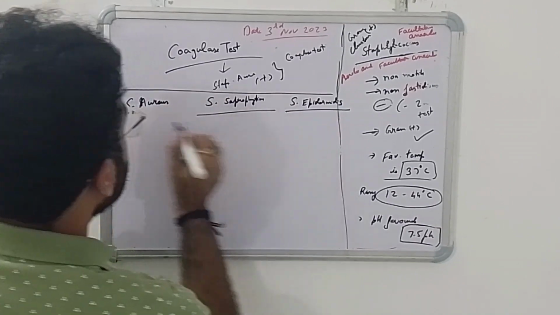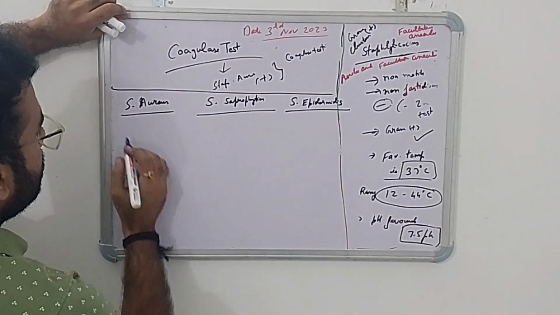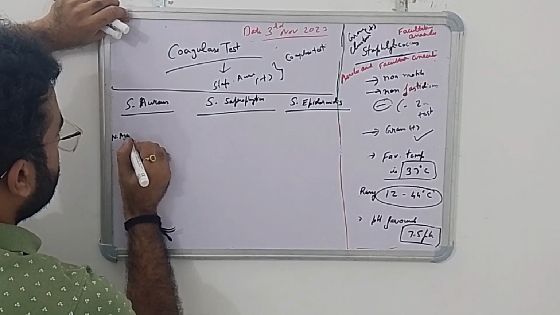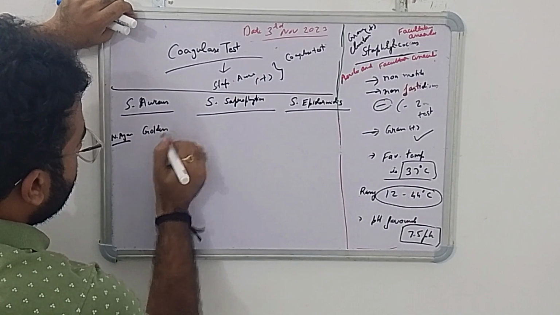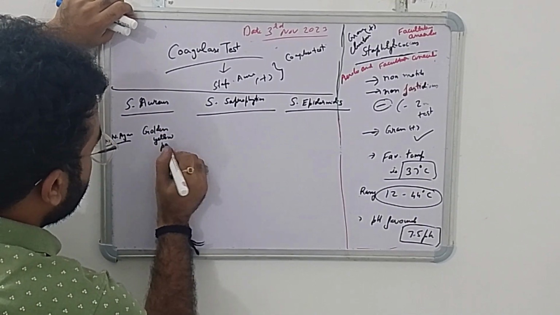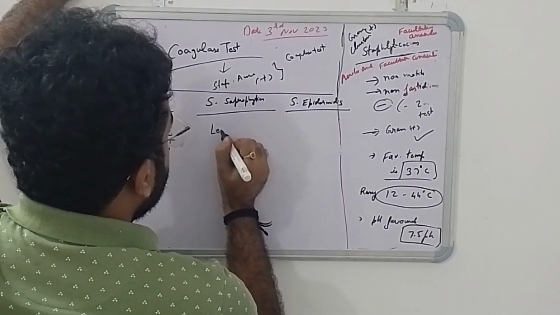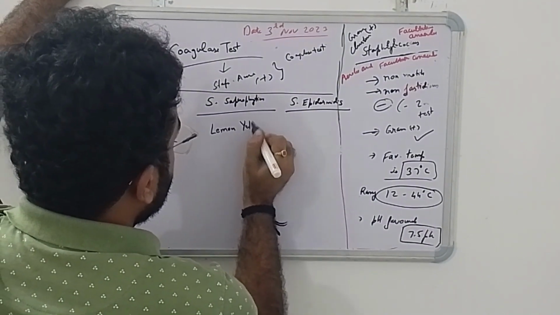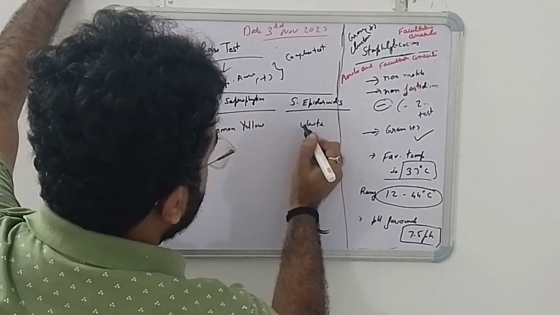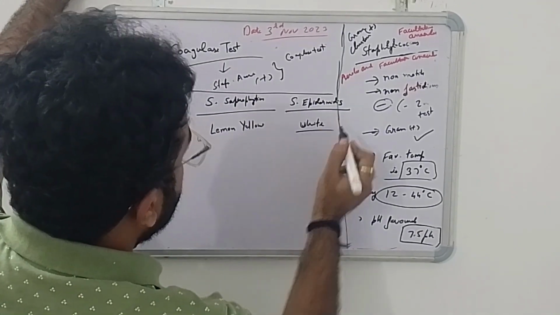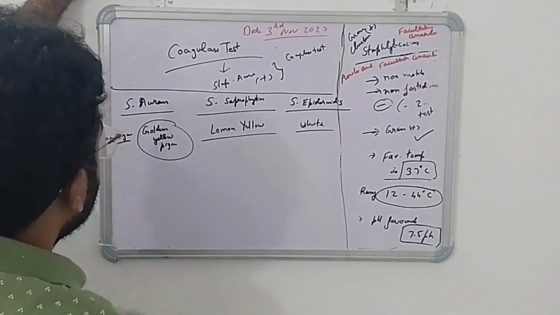On nutrient agar, S aureus shows golden yellow pigment, while S saprophyticus shows lemon yellow, and S epidermidis has white colonies. So white colonies, lemon yellow colonies, and golden yellow colonies.